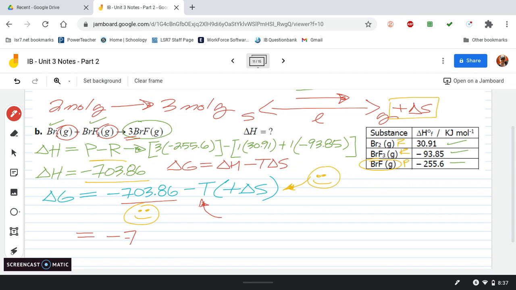So negative 703.86 minus, so let's put in a low number for temperature, and then we'll make this plus 1, or this one, which is going to be, let's put in a big number for temperature.